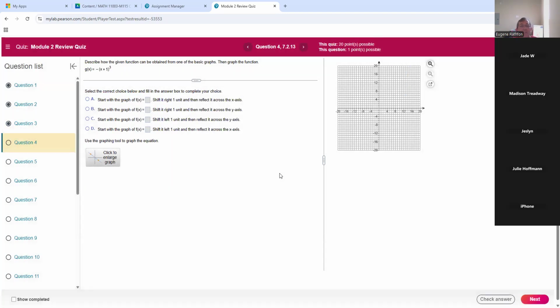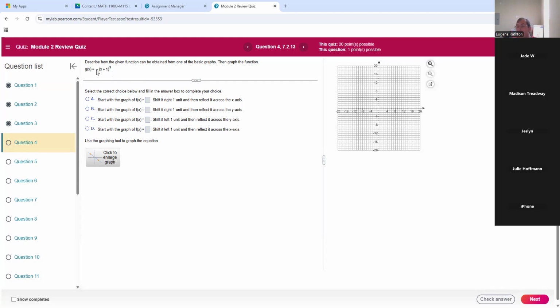All right, number 4 is the same thing here, okay? So I got to pick A, B, C, or D. Now this one has an exponent of 3. So since that's an exponent of 3, this will be the x cubed graph, okay? So that negative in front is going to reflect it over the x-axis.